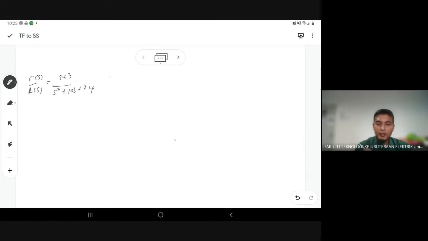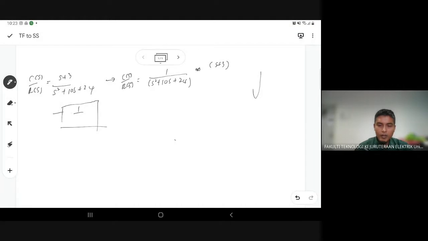Firstly, you need to separate the numerator and denominator part, and then you multiply with s plus 3. After that, you convert to this block diagram.